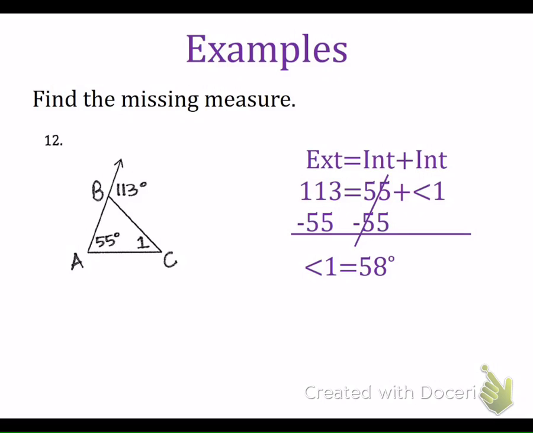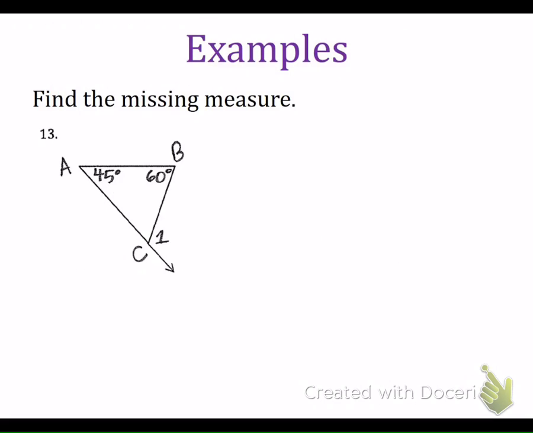If you're given one of the inside ones, yeah, you can just think of it as an equation. So this one plus this one. This is my unknown. You could even use an x. X plus 55 equals 113. And then to get the x part by itself, you just subtract. If you want to write an equation. A lot of people can just do that reasoning in their head.